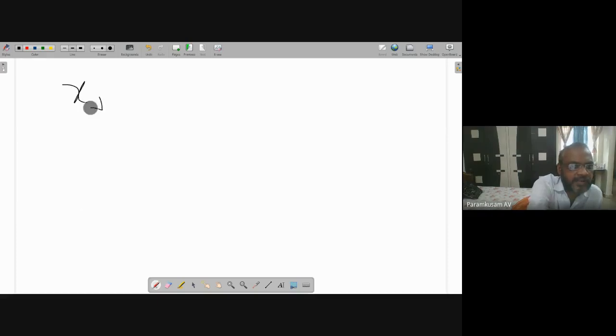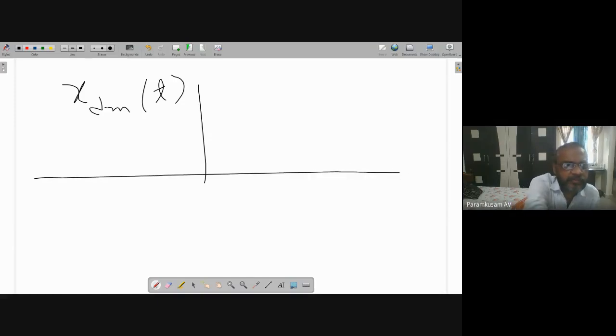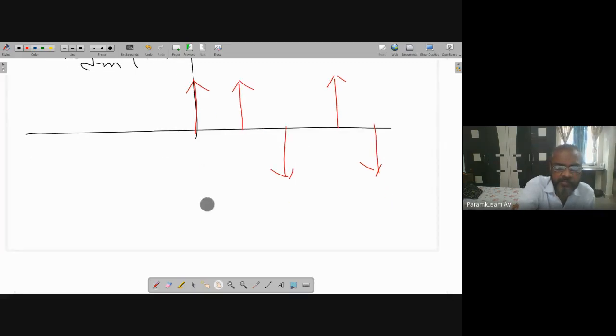XDM of t, that is the delta modulator output, either positive impulses or negative impulses. Okay. If you give this signal to the integrator, then what is the output?